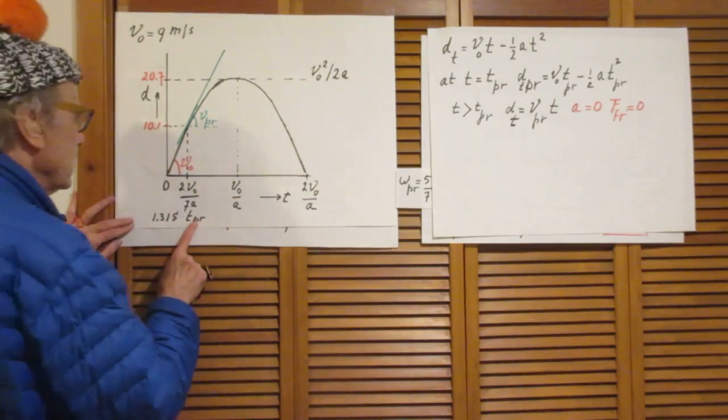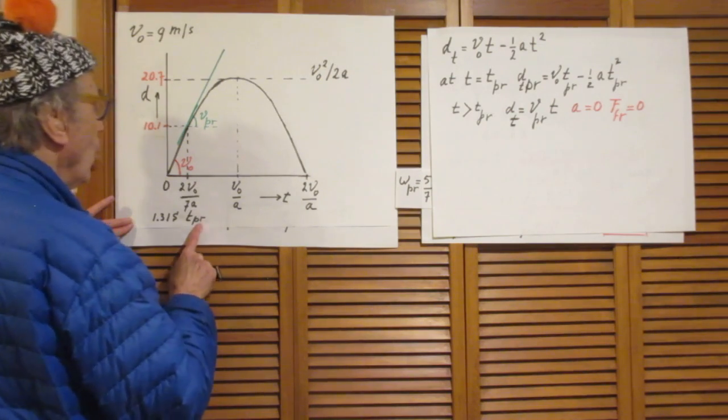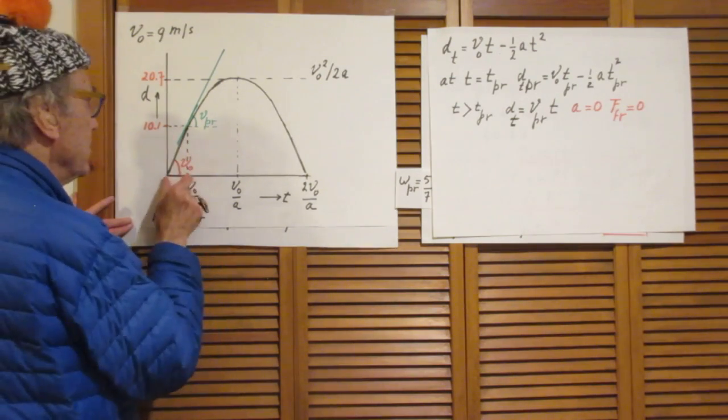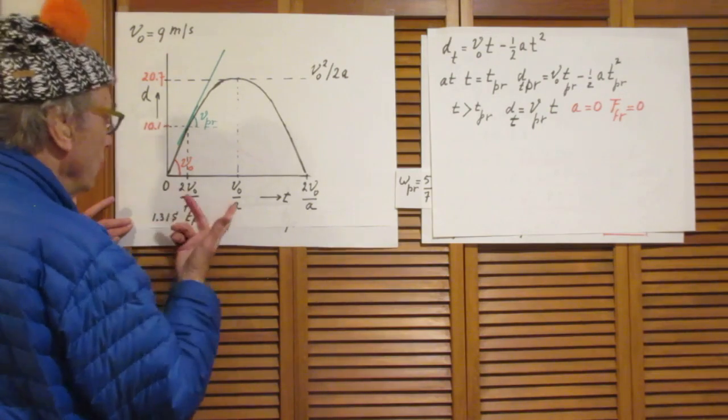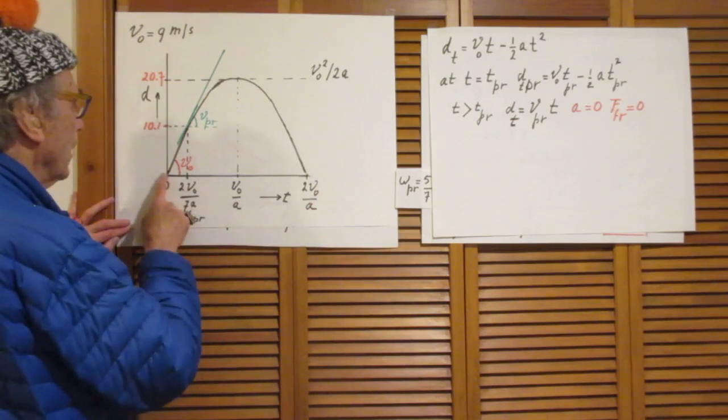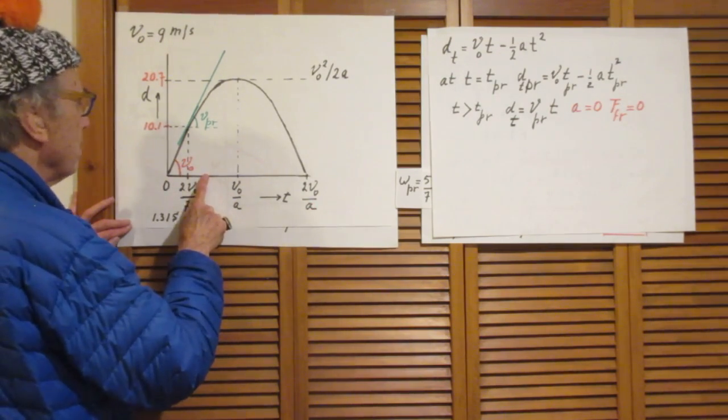Of course, t pure roll will now also be twice as large as this one. It will not be 1.3 seconds, but it will be 2.62 seconds because V0 has doubled. So that's going to be somewhere here.